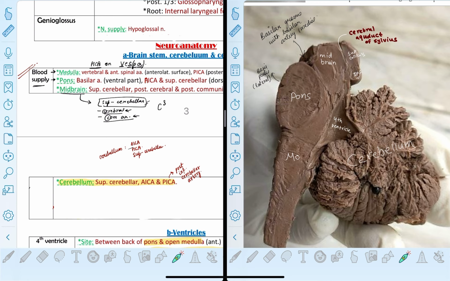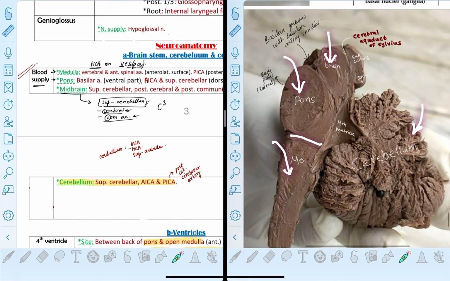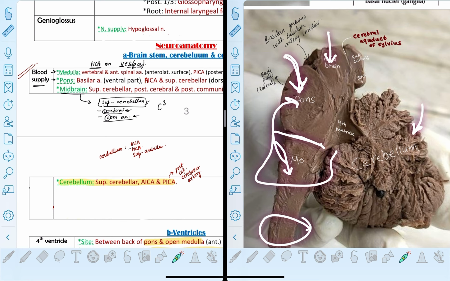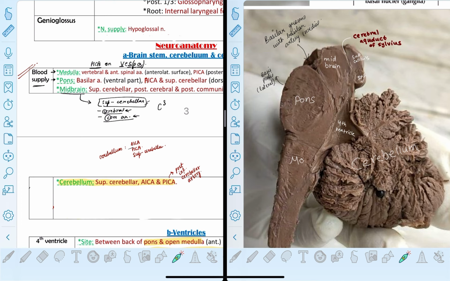So you need to first identify if it's pons, medulla, midbrain, or cerebellum. Cerebellum is easy. Medulla is where the spinal cord starts, so medulla oblongata. Pons is just above the medulla, and it has the basilar groove, through which the basilar artery goes.